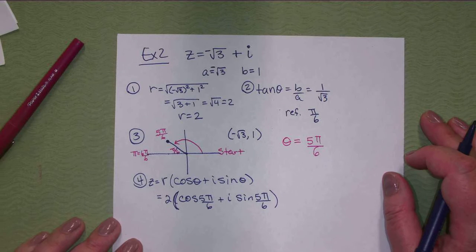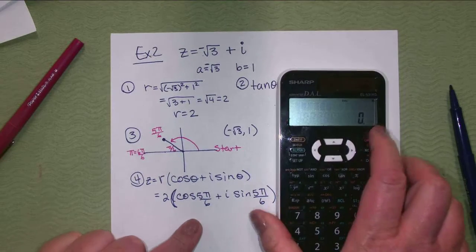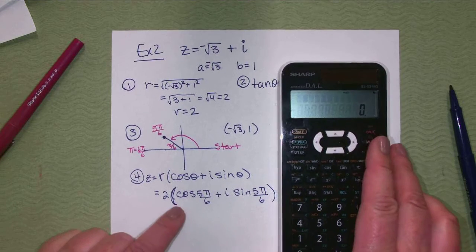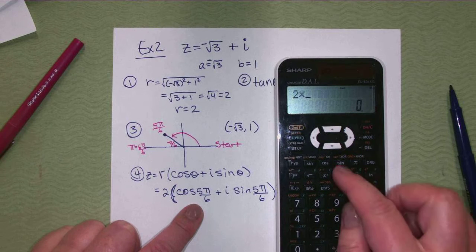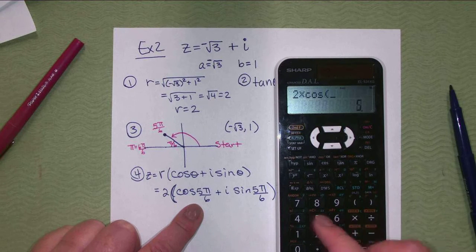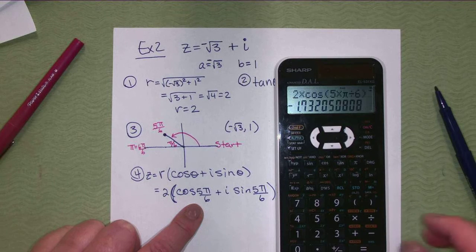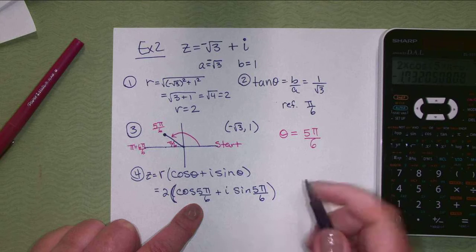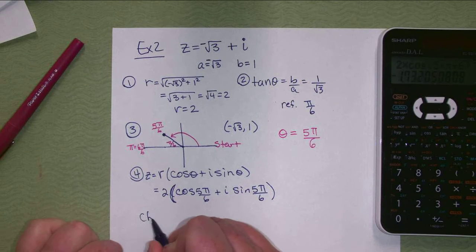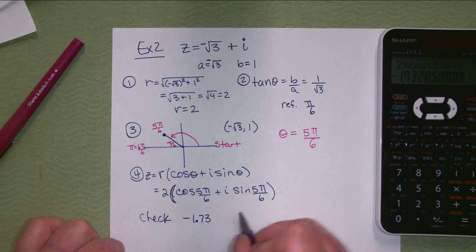You can check these in your calculator without even looking at your values. If I have this in radians, I can do 2 times cos of 5 pi over 6, and I get negative 1.73. Remember that 2 is in front of each.